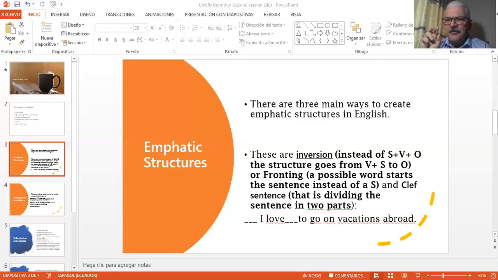So I am referring to the idea I want to emphasize, changing the way we say things in English. I can also say, I am here because I saw the advertisement in your window, but this is just the normal sentence. If I make emphasis, I will use these devices.